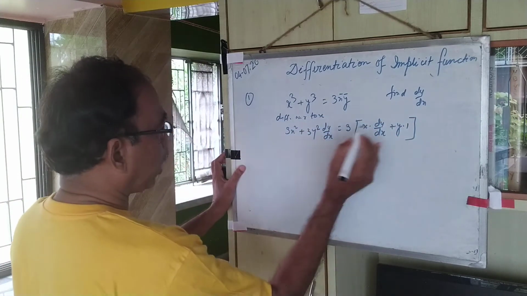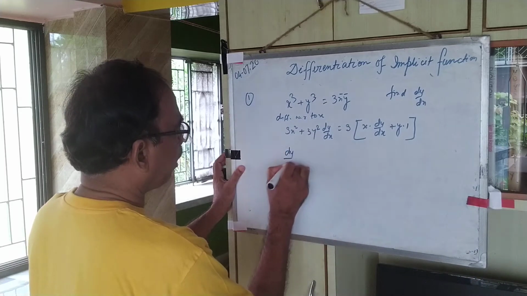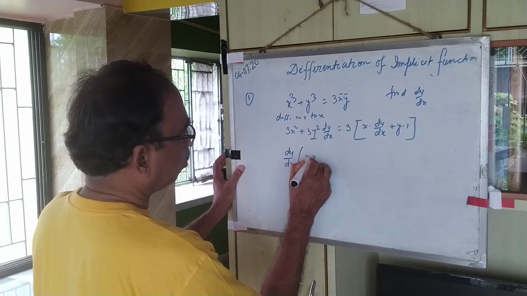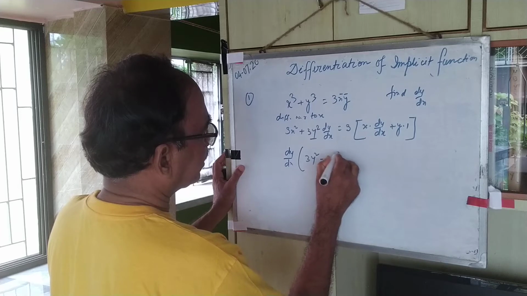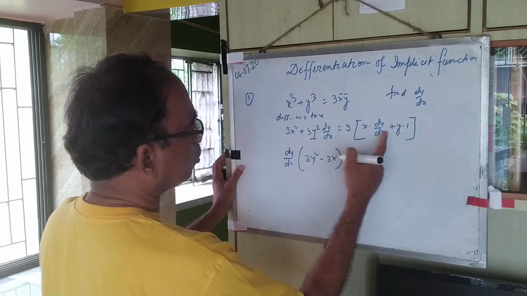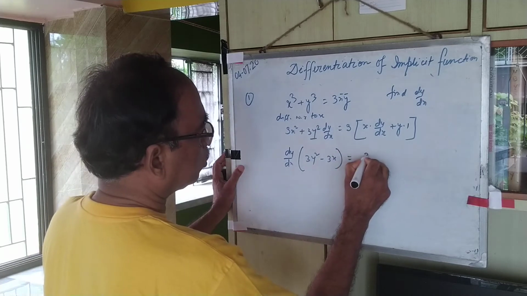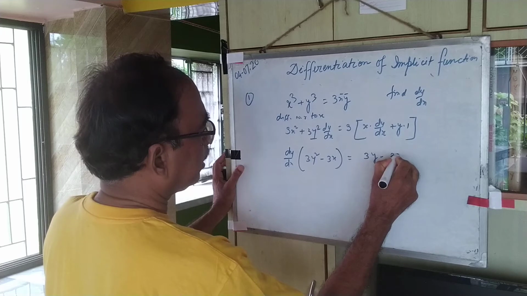Now we take dy by dx on one side, the remaining on the other side. Here dy by dx, this is the coefficient 3y square minus 3x, equals this with dy by dx coming to the left-hand side, equals 3y minus 3x square.